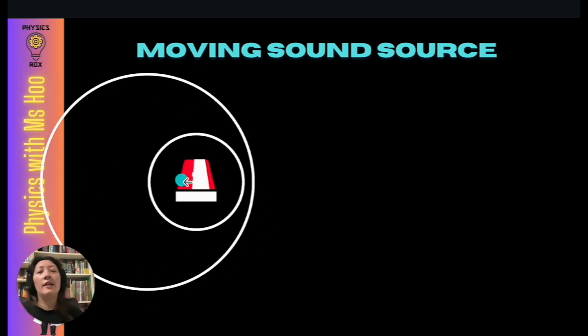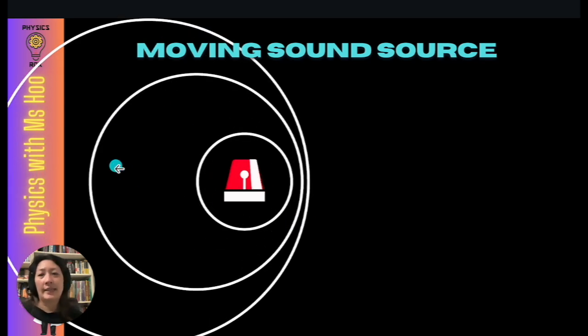representing the sound wave. The sound source has now moved to the right, and say at this position it emits another sound wave. So you'll find that now there are two circles, but you can see that the distance between the circles is not constant around the circles. As the sound source continues to move, each individual sound wave will also continue to move outwards based on their own respective locations. So you can see how the first circle has continued to move outwards from its original starting position to a larger circle.